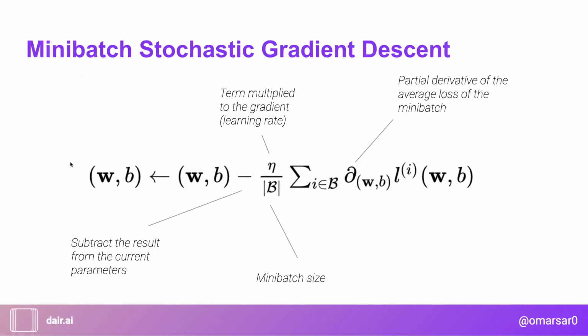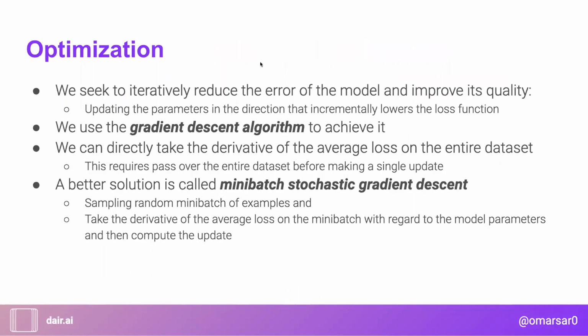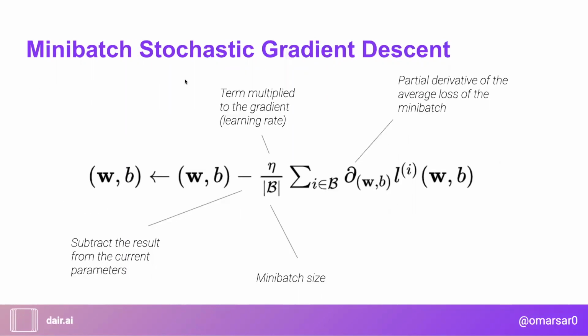I just pulled this equation directly from the book. And this is how the parameter update is done using the mini-batch stochastic gradient descent. So I just put a little bit of notes here on what they are. You have to go into the book, obviously, to get the full explanation. But I just wanted to highlight some of the things that this equation in particular is doing. So we have the learning rate. The learning rate determines how fast this algorithm should learn, right?